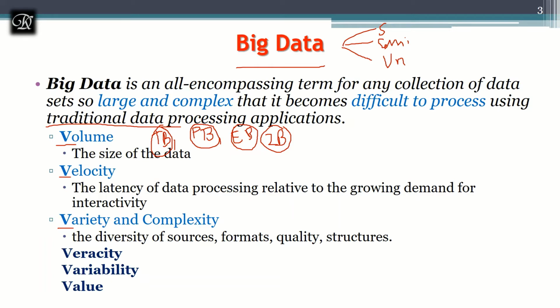Next, variability. Variability is nothing but an inconsistency. The data is not consistent. In a given time, the data can be huge, or the data can be less, because it's based on the situation.